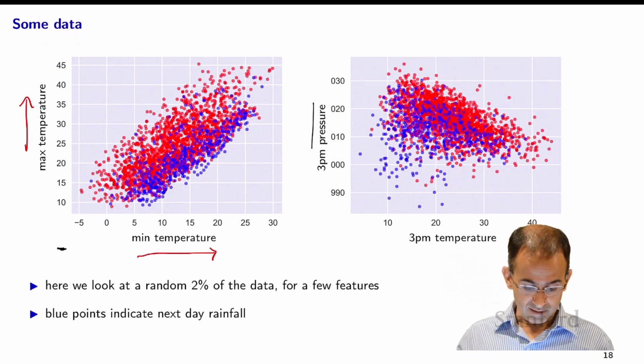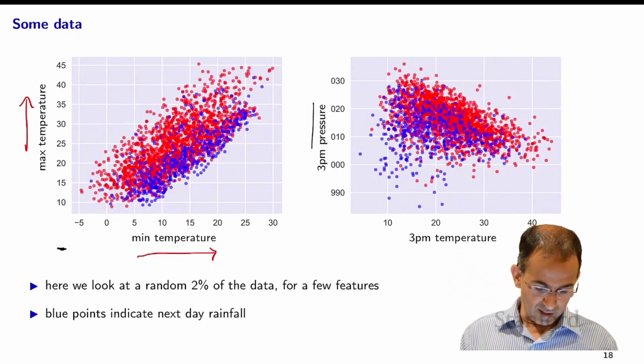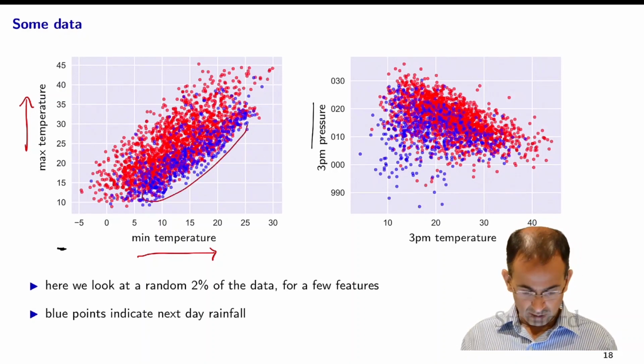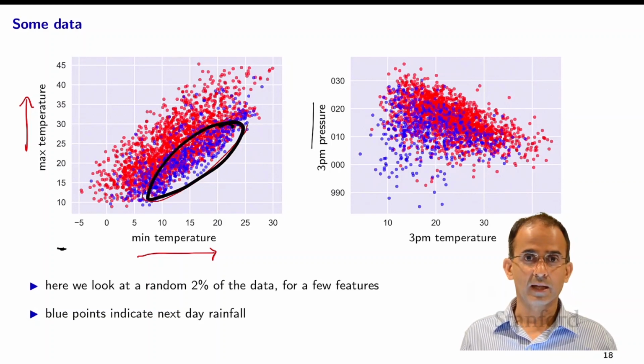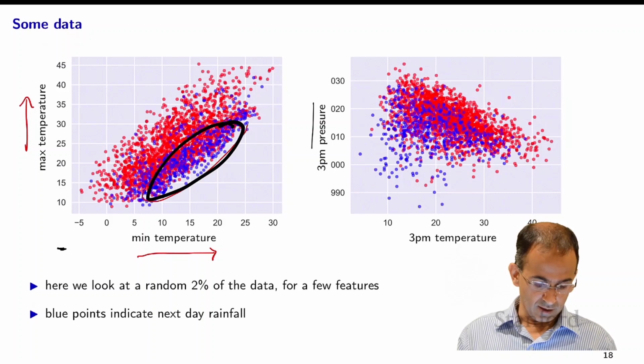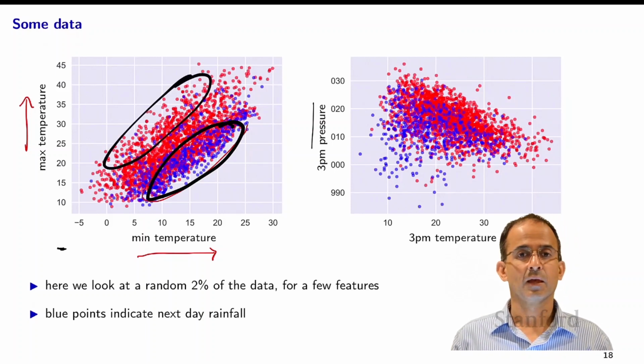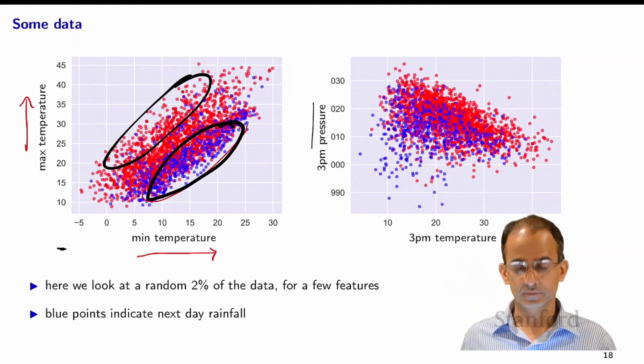And you can see that there is some indication here. Over here, we're getting much more chance of rain the next day than over here. And so the data does indicate that, although by no means is there a clear separation.